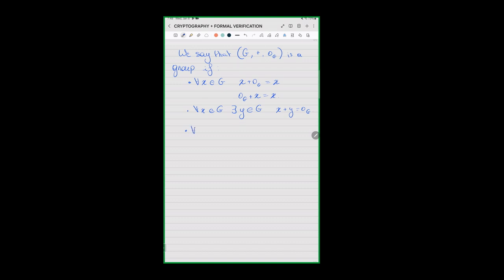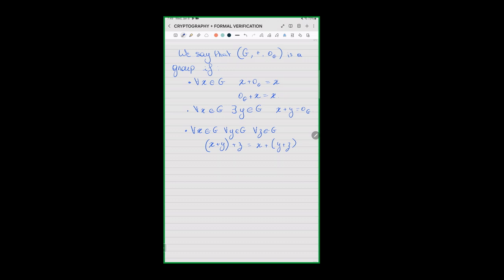So if we take any element x in G, any element y in G, and any element z in G, doing x plus y plus z is exactly the same as if we first apply on the left, then on the right, and after that apply on the left.